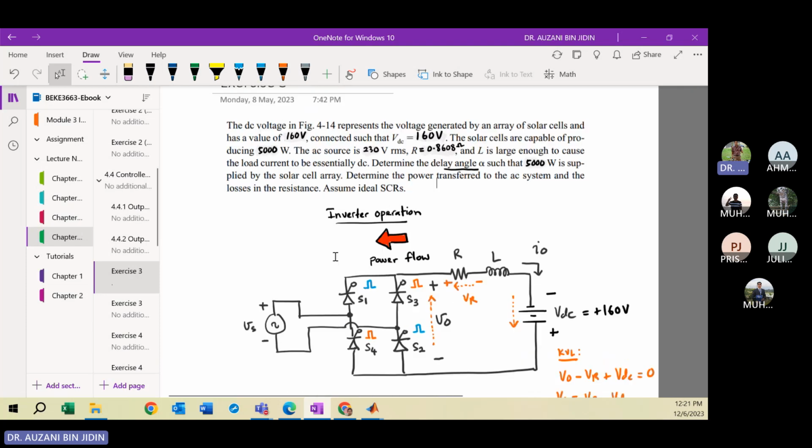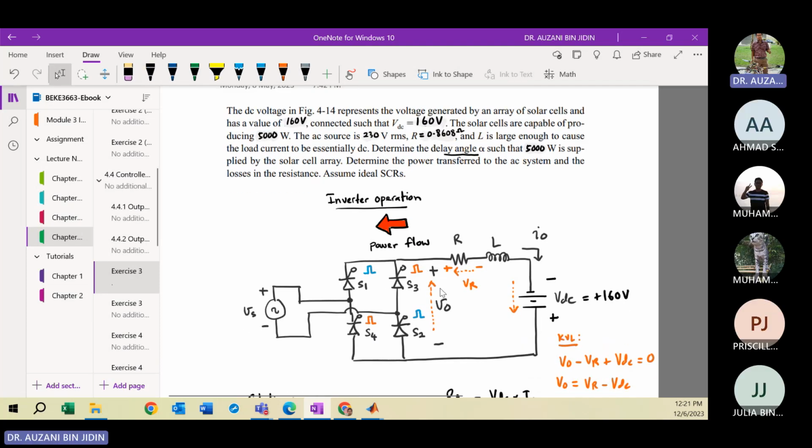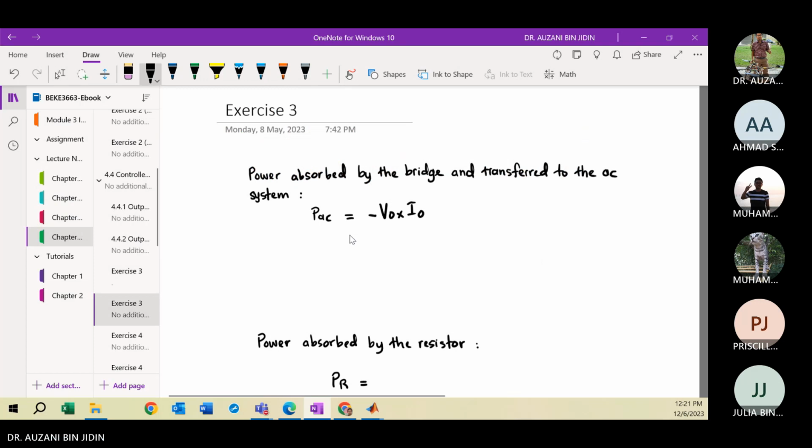So you have the VO across plus to minus at the bridge input, and the current. Where your VO is minus, put the bracket here. The VO value is minus 133.1 multiplied by IO 31.25.